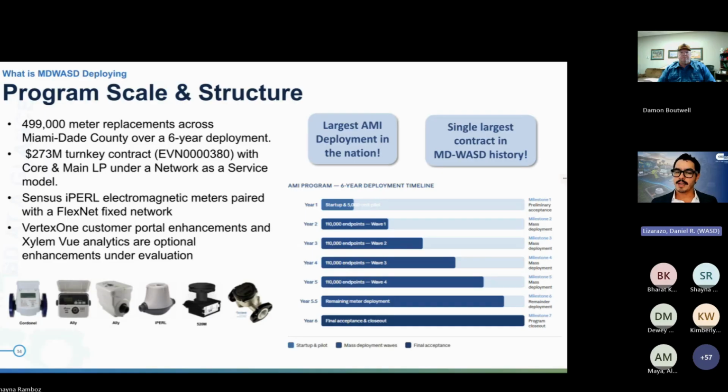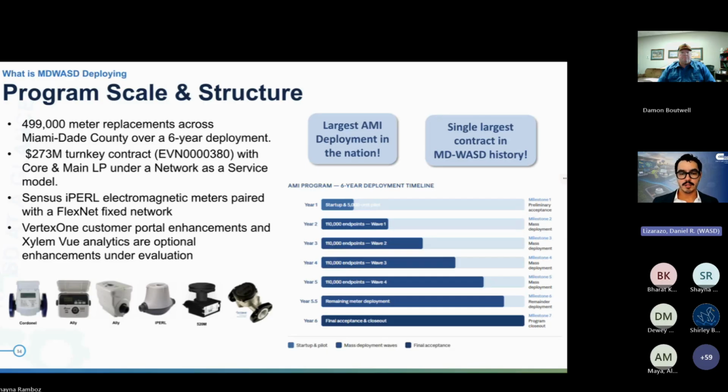On the bottom right-hand side is the deployment timeline, those first 6 years, with the first year being likely the most difficult and intense year in standing up the system, getting the network infrastructure in place, and then starting with an initial pilot to confirm everything is working as it should.